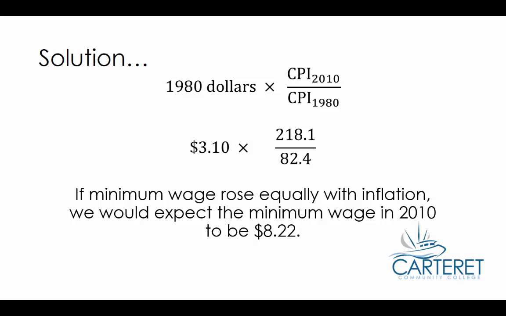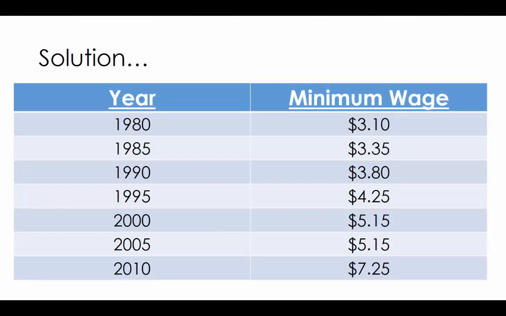Take a look at the minimum wage table on the next slide to determine if inflation kept up with minimum wage. Based on the data from the chart, we would say minimum wage has not kept up with inflation, since the actual minimum wage was $7.25 in 2010 as opposed to the expected $8.22.